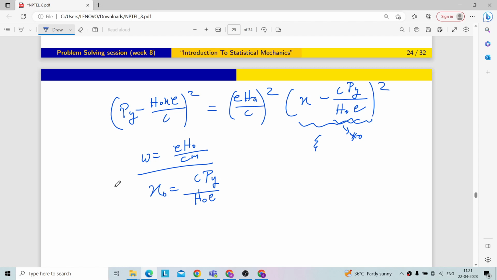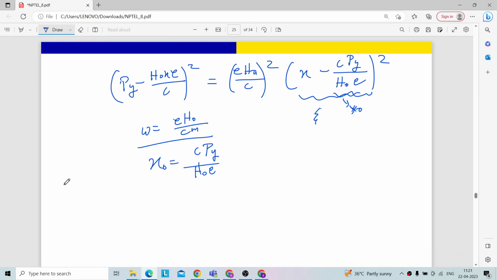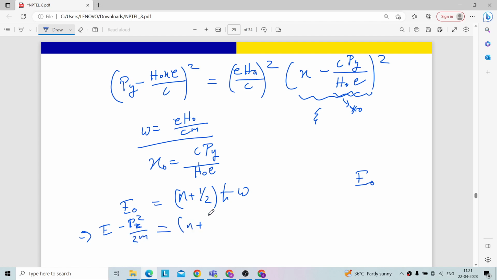Then, similar to the last two questions, I can take pz to the right hand side, which I will name as E0, then E0 will be n plus half h cross omega, then this E0 is nothing but E minus half pz square divided by 2m equal to n plus half h cross, and omega I have as eH0 over mc, right.